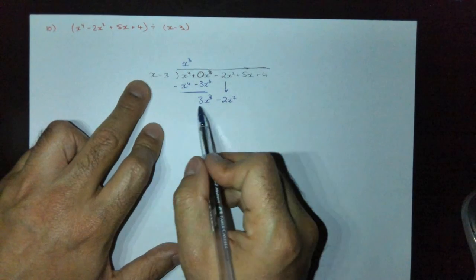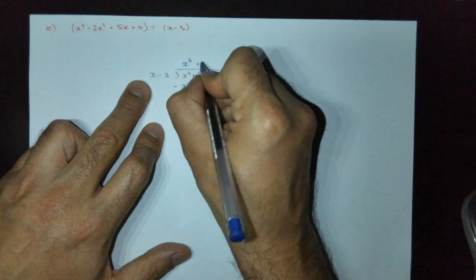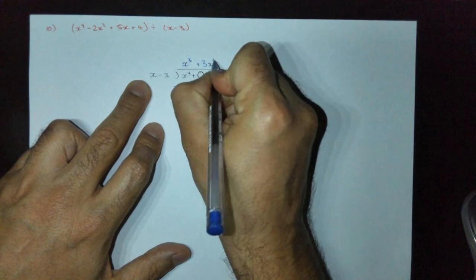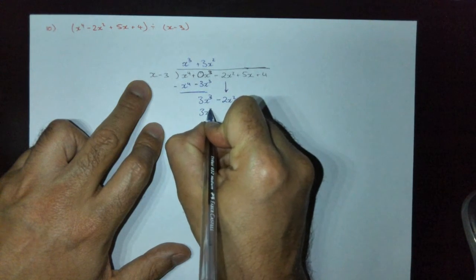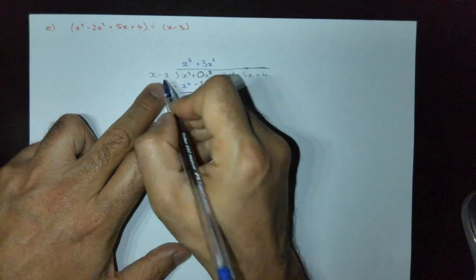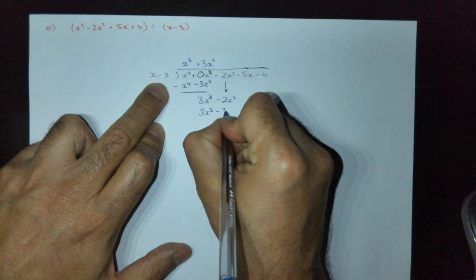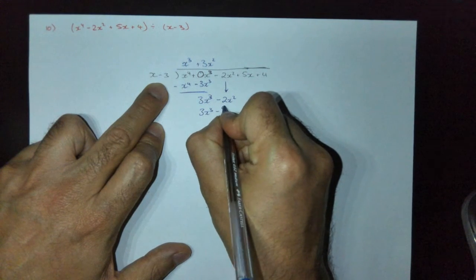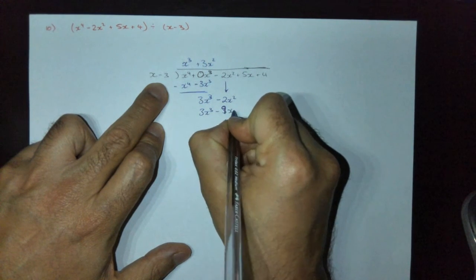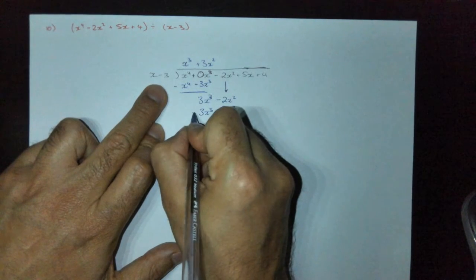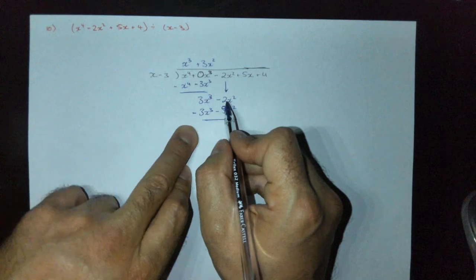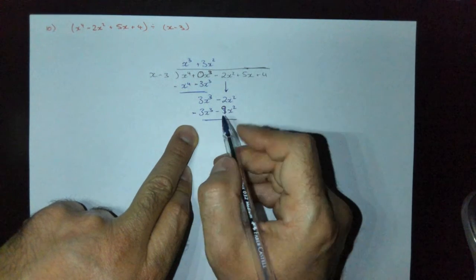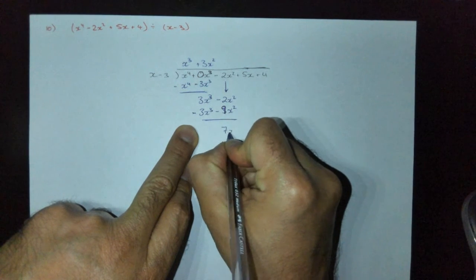So x goes into 3x cubed, 3x squared times. Multiply that across, 3x squared times x is 3x cubed, 3x squared times negative 3 is negative 9x squared, and minus these from each other. That cancels out. Negative 2 plus 9 becomes 7x squared.